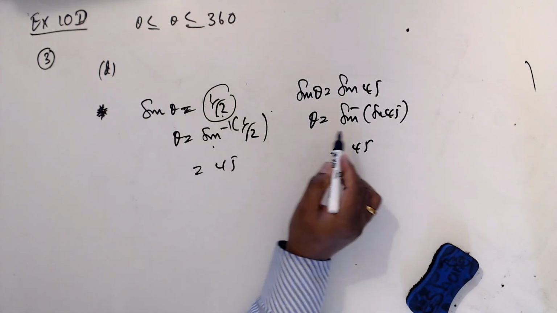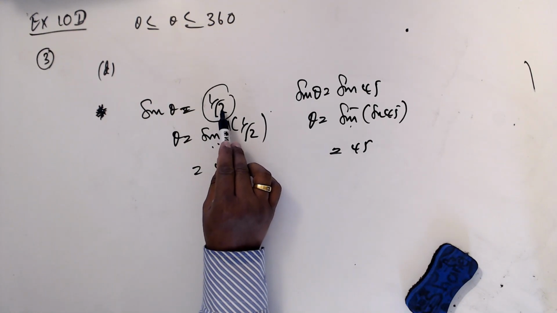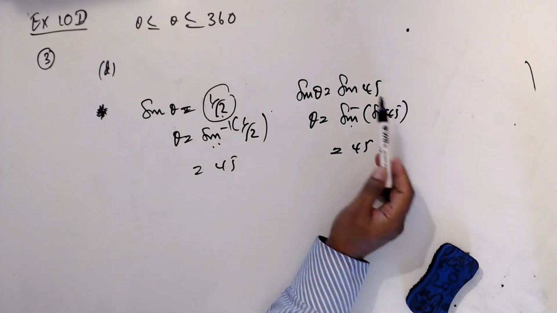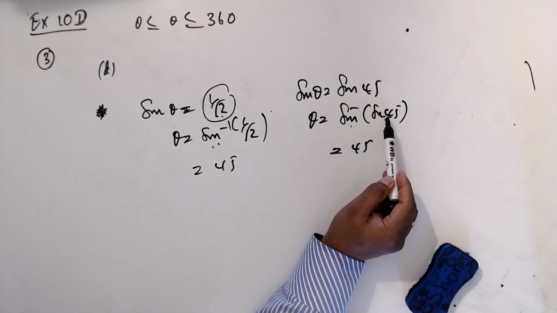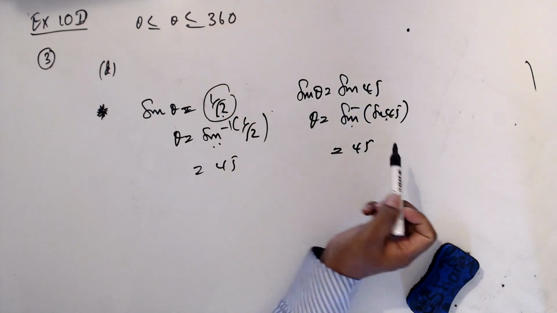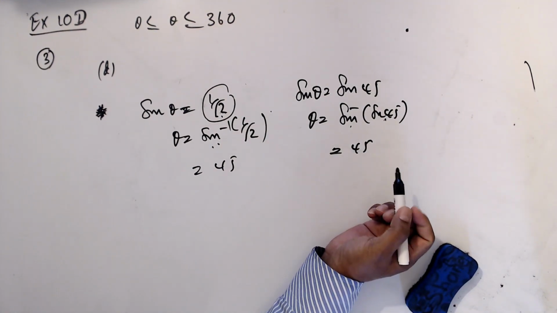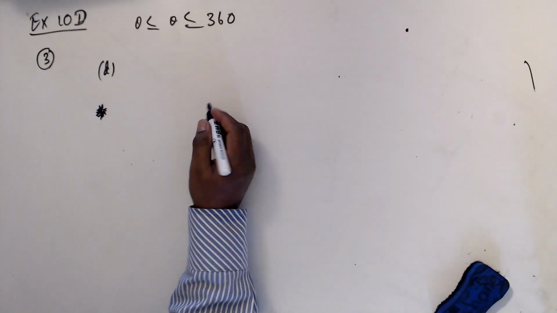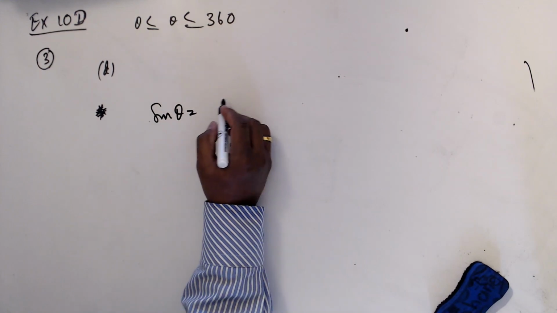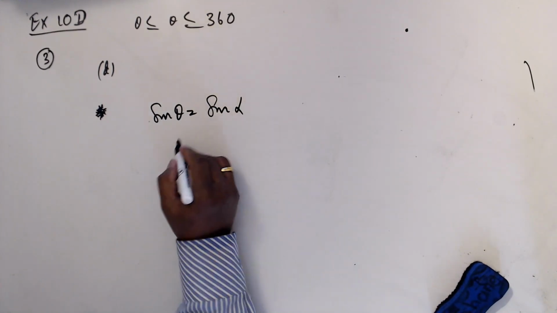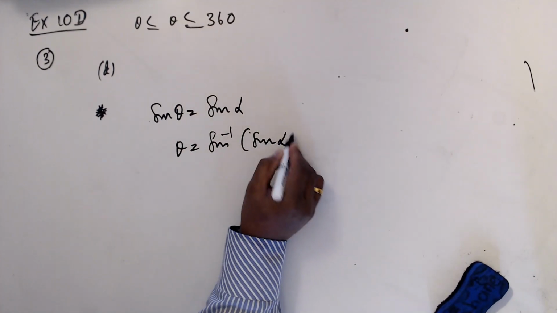In both you take the sine inverse. Here you take sine inverse of a number. Here also you take sine inverse of a number, because sine 45 when you simplify, what is the number? 1 over square root 2. The conclusion is if you see sine theta equals sine alpha, you can write theta equals sine inverse sine alpha.